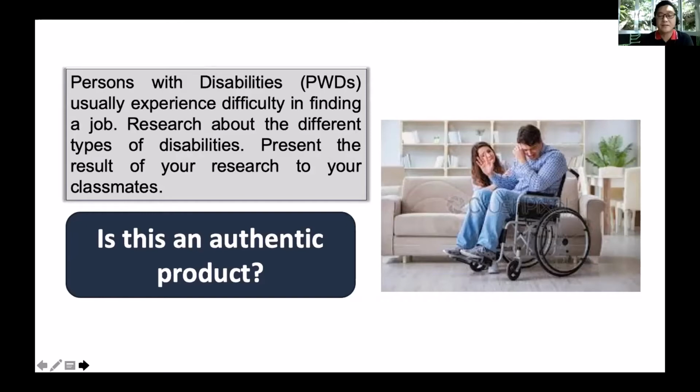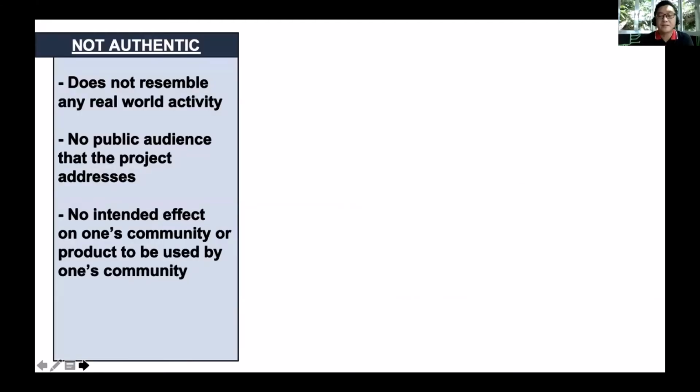It is not authentic when it does not resemble any real world activity. Second, it is not an authentic product if there is no public audience involved that the project may address. It is also not an authentic performance or product if there is no intended effect on one's community or product to be used by one's community.